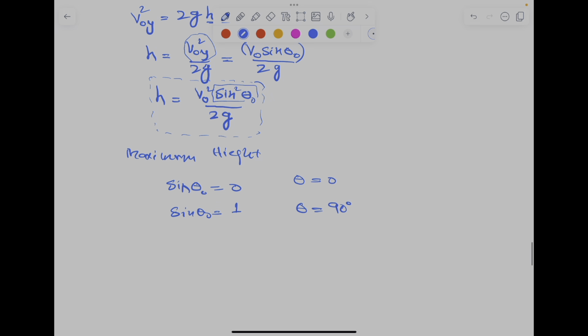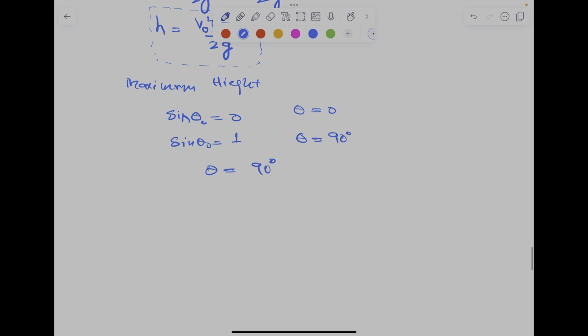When we substitute theta equals 90 degrees, we get the maximum height as v naught squared divided by 2g. This is your maximum height.